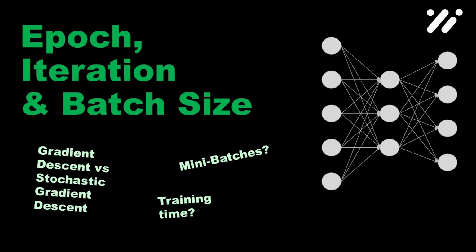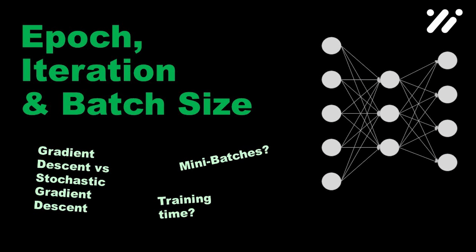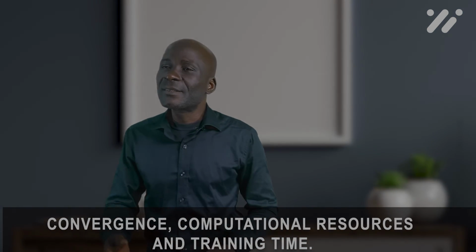Maybe the first epoch could be 5, then you increase it maybe to 10, 20, until the model improves. So the number of epochs depends on factors such as convergence. What is going to determine the number of your epochs will depend on convergence, computational resources, and training time.